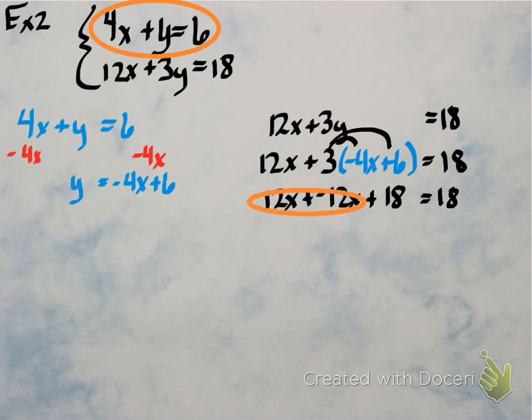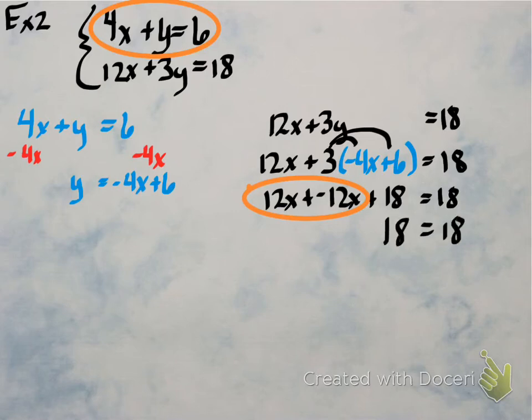When I combine like terms, 12x plus a negative 12x is 0 x's, so I don't need to write an x down. 18 equals 18. When is 18 not equal to 18? The answer is never.